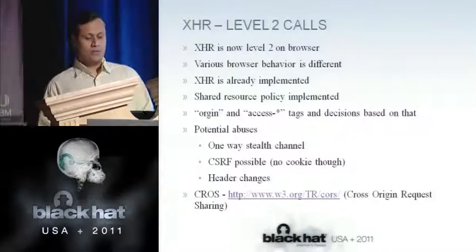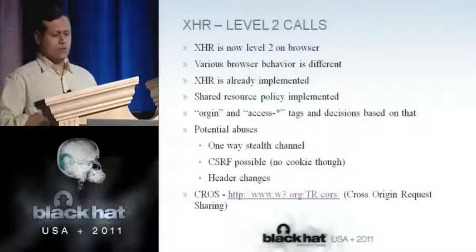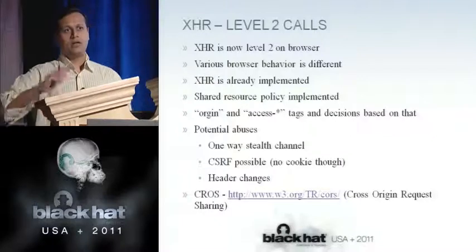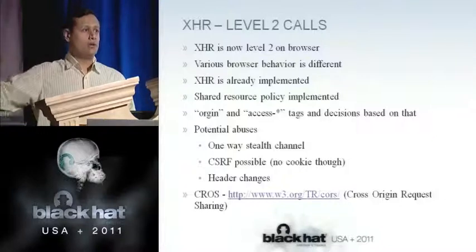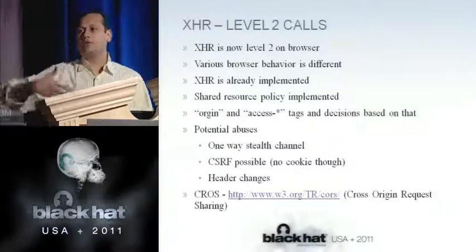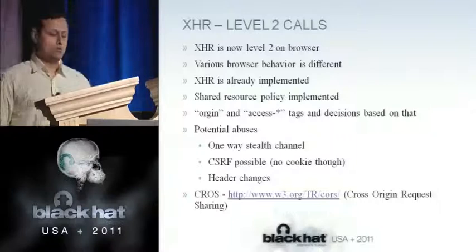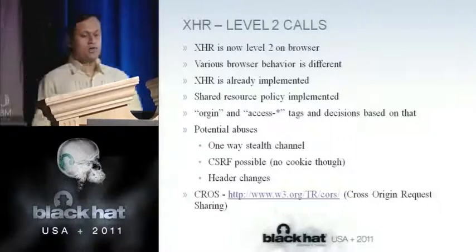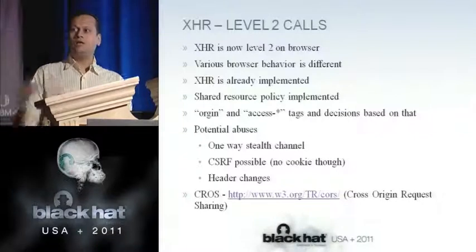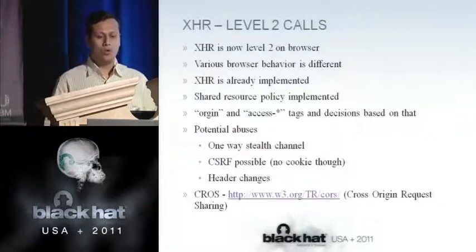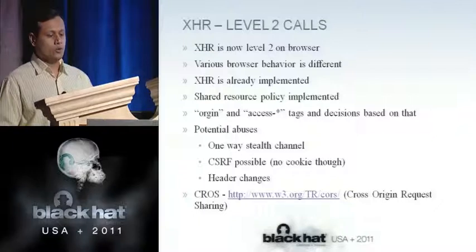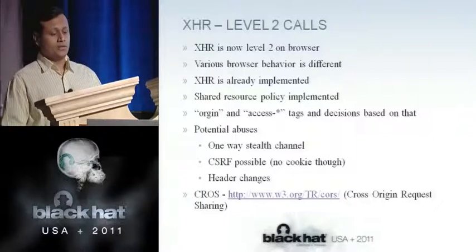But one potential abuse over here is that it allows you a one-way channel, because that call is going to go on the wire to a cross domain, and then the domain will decide whether to send the content back to the browser or not. Some browsers will actually take the content but will not load it into the DOM. That's how the whole mechanism of XHR level 2 has been implemented.